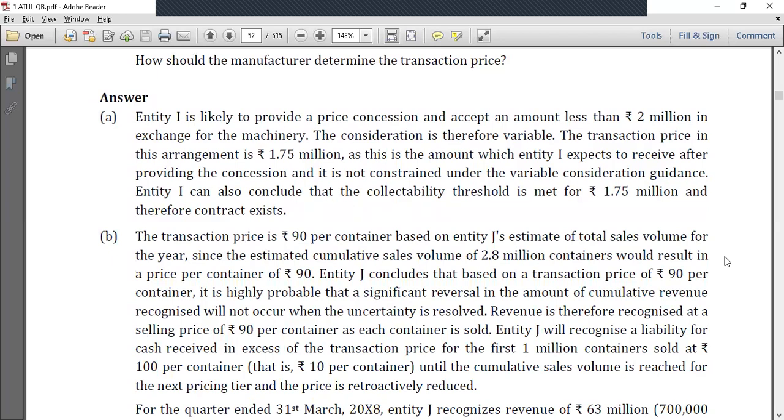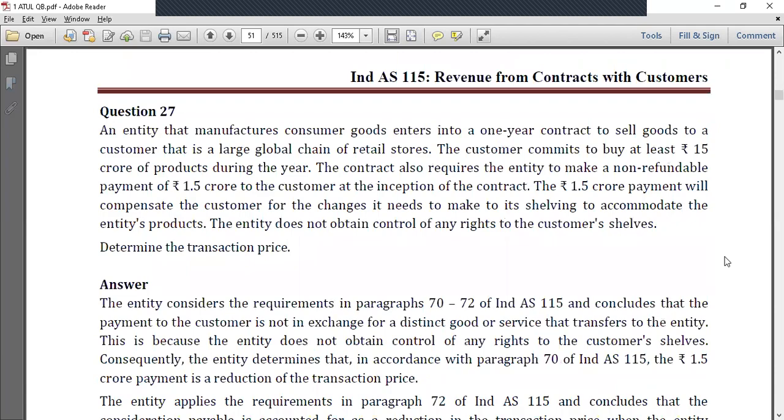This is the amount which entity I expects to receive after providing the concession, and it is not constrained under the variable consideration guidance. So entity I can conclude that the collectability threshold is met for 1.75 million only, and therefore the contract exists.